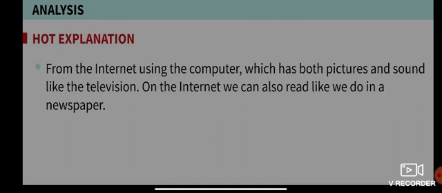On the internet we can also read like we do in a newspaper. You search for news like Times of India, Nagaland Post, and you will get it on the internet, on a computer. So in a computer you can see both picture and hear the sound like the television, and also read the newspaper.